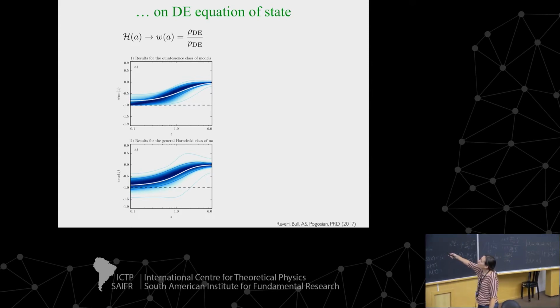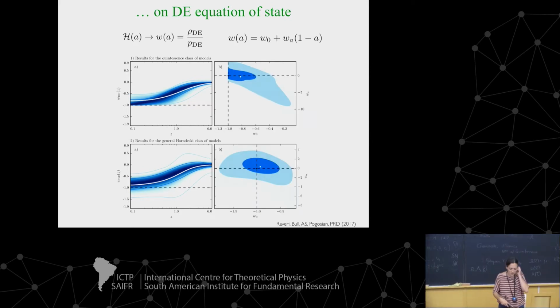And here you see the bound coming from stability conditions, right? It doesn't let you go below -1, because I'm doing minimally coupled single field quintessence. If I do full Horndeski, I can start going below, though it doesn't like to go that much below -1, at least for these expansions of ours. So you can start seeing features and broadness of the distribution, and where it likes to depart from -1, etc.